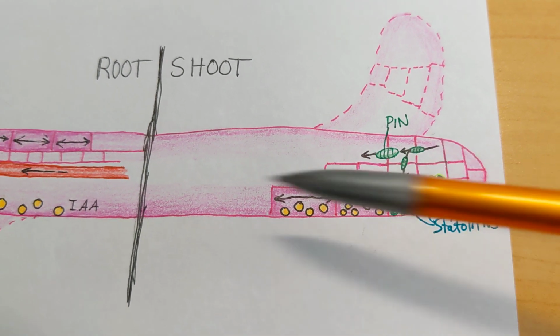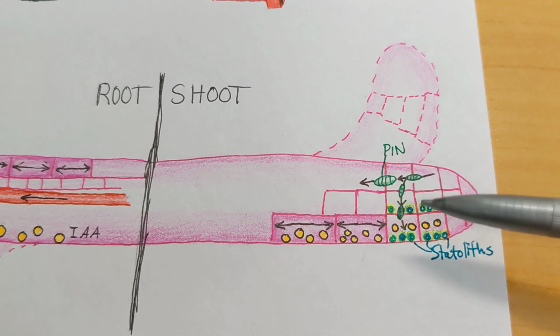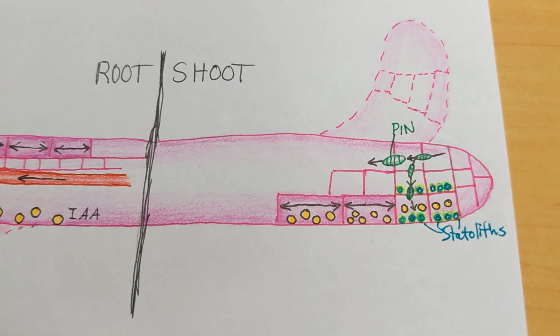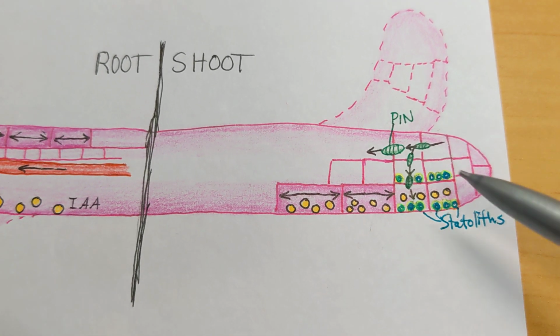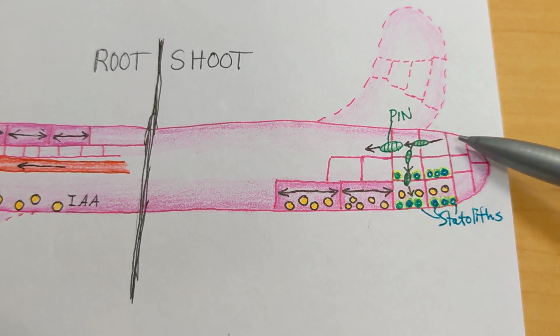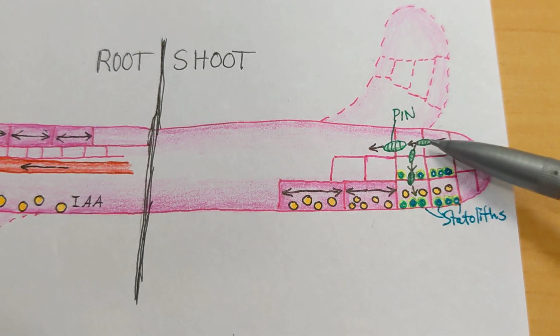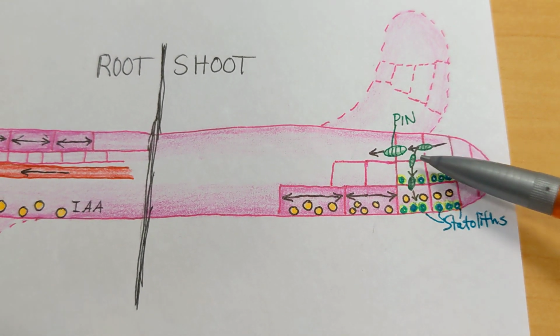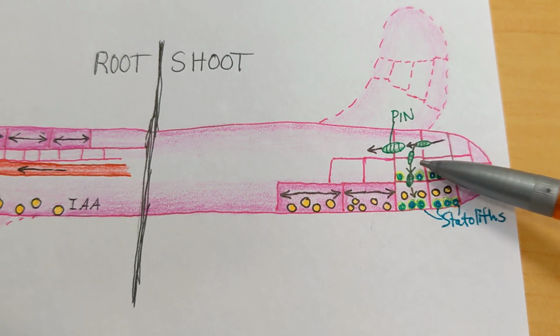When the plant falls over, or when there is lateral growth, when there's vertical orientation here, horizontal orientation, pardon me, the statoliths are going to descend to the bottom of the cells. Once again, this is going to translocate pin exporters to the bottom of the cell.